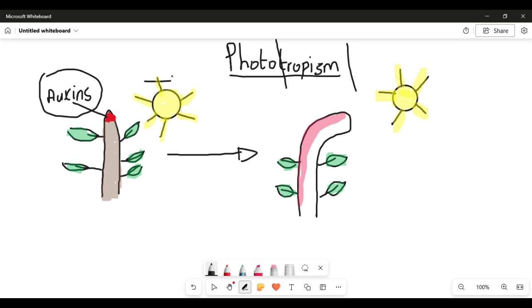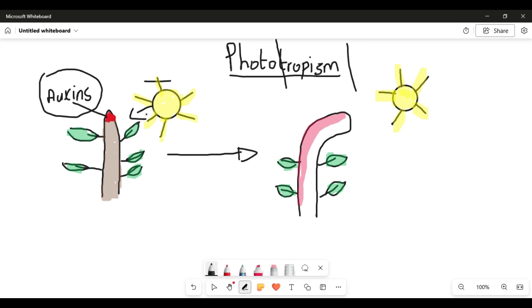This happens when a plant is exposed to unilateral light. Unilateral light means that it's light coming from one side, right? And remember, auxins are sensitive to light. So when a stem gets light from one side, the auxins will run away from the light, right?